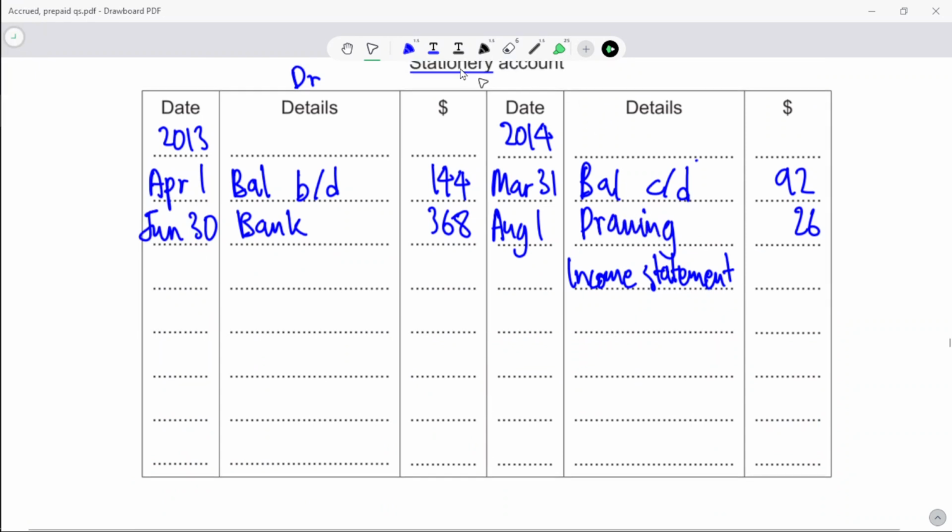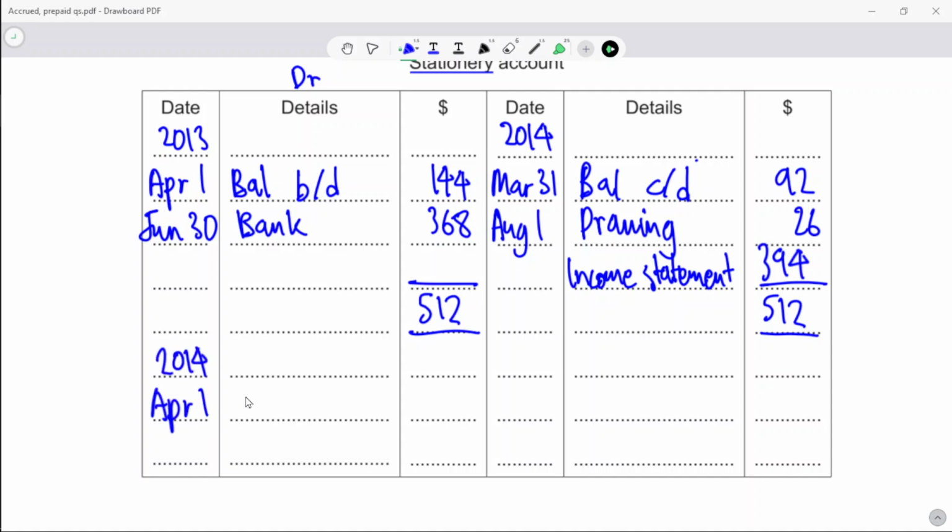The drawing should be on the credit side. So if I do it properly, the income statement should be 394. So put down the balance. Okay, this one is the correct answer. Now let's go to the next question.